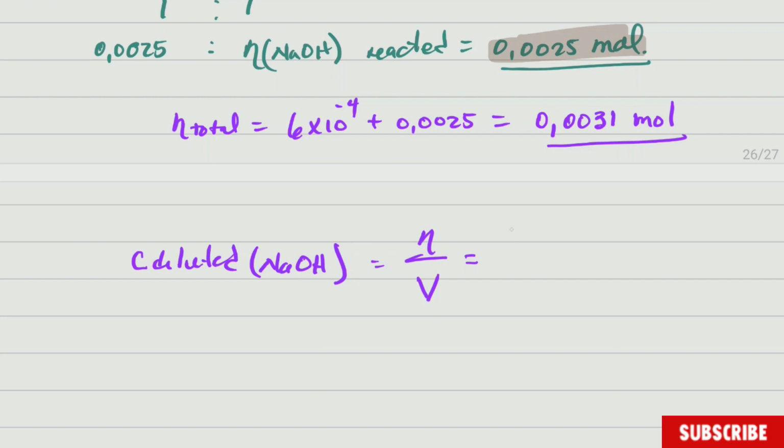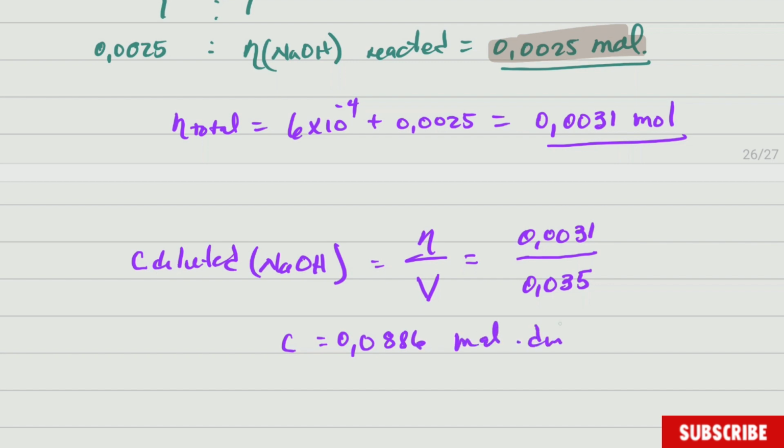So when we substitute here, we have that the number of mole is 0.0031 divided by the volume of the dilute sodium hydroxide, which was 35 cubic centimeters, so it's 0.035. Okay, when you solve that one, you will get that the concentration of the dilute sodium hydroxide is equal to 0.0886, let's leave it there, mole per cubic decimeter.